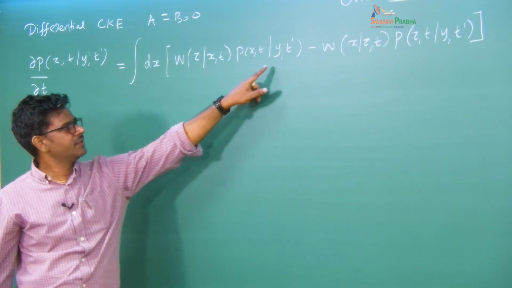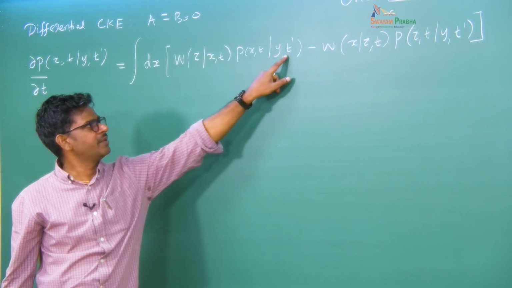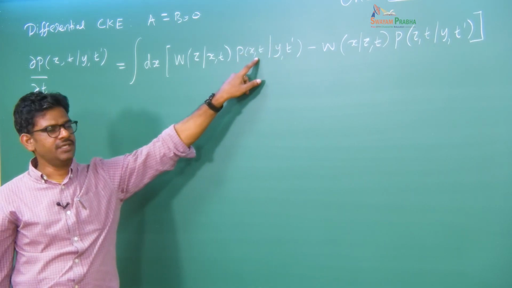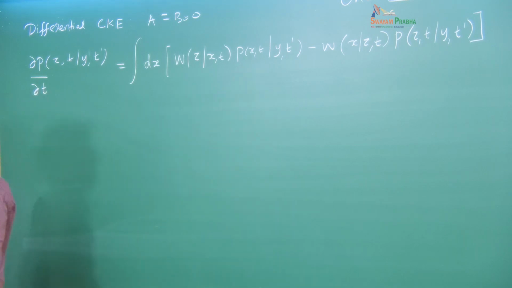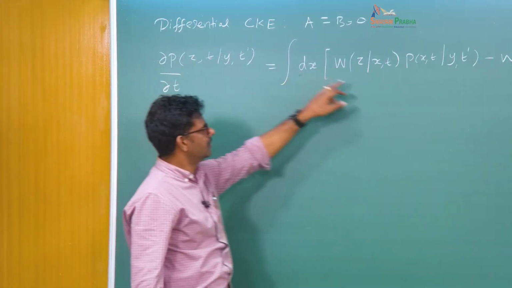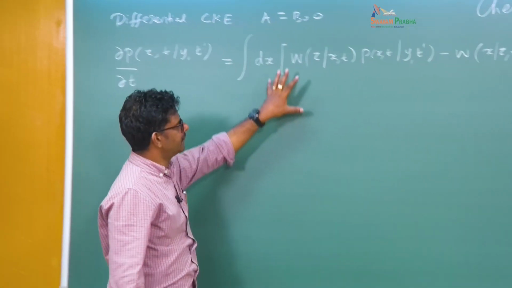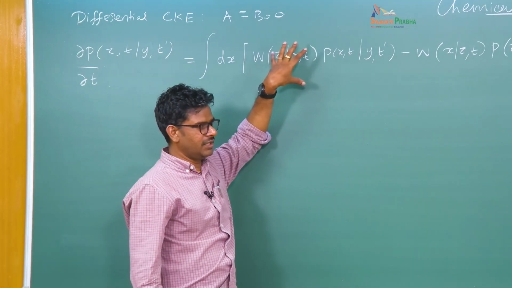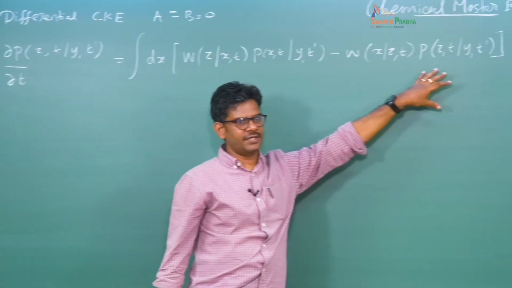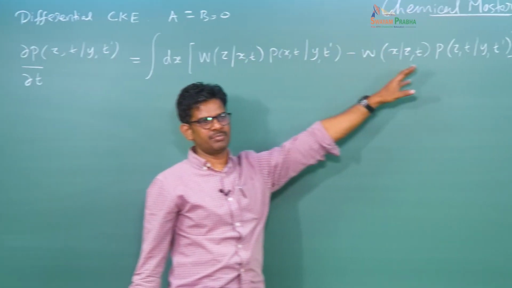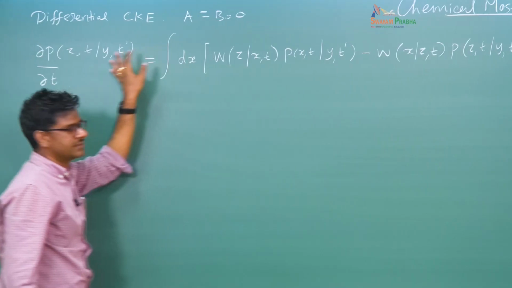We say that, given the system is at y at t prime, it can jump to a state x, t, and it is possible over many intermediate values of x. So in a way, it tells you the rate of increase in probability minus the rate of decrease in probability. That is basically a net probability current that changes this.